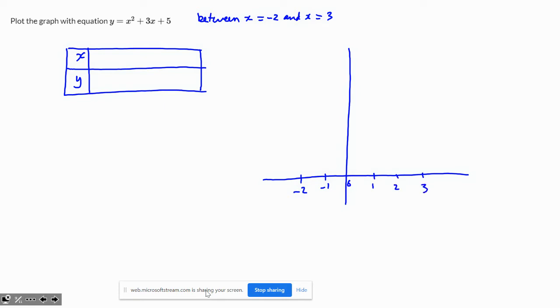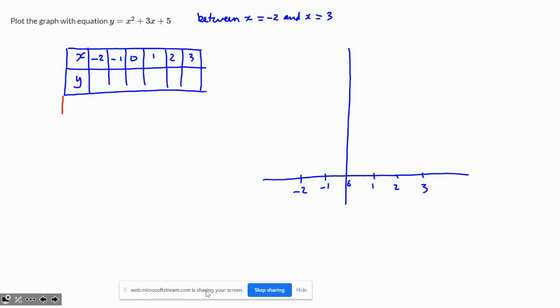Okay? So when we do our table of values, we have x is -2, -1, 0, 1, 2, and 3. And that's the kind of thing you're often given on an exam paper as well.